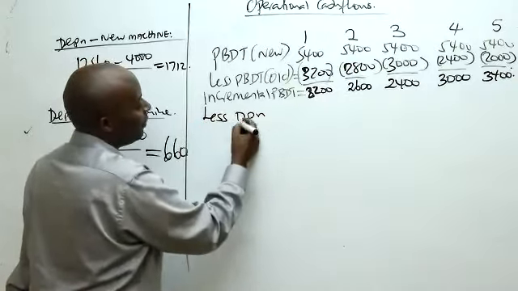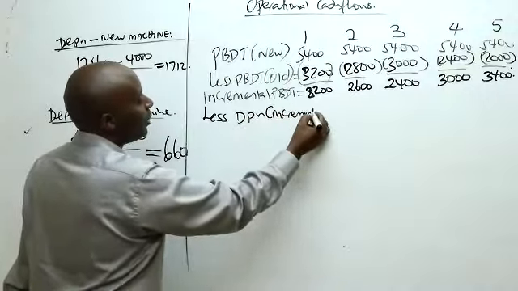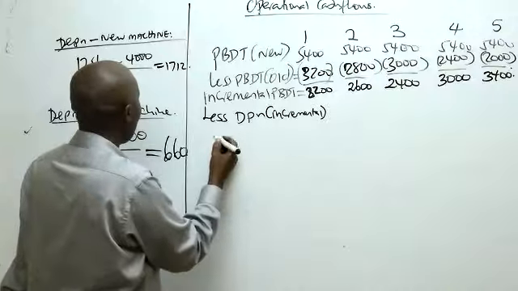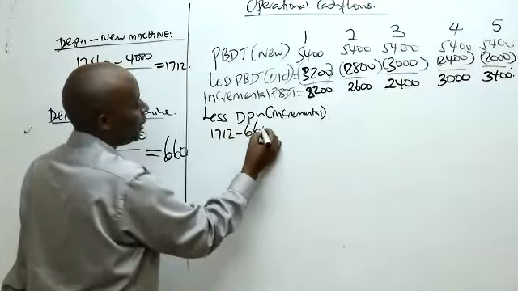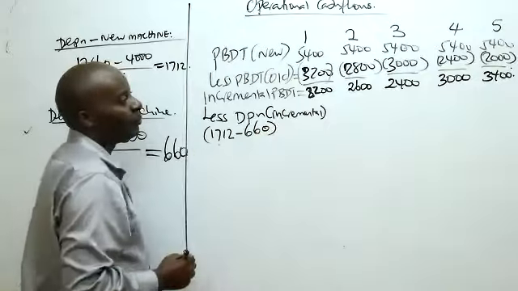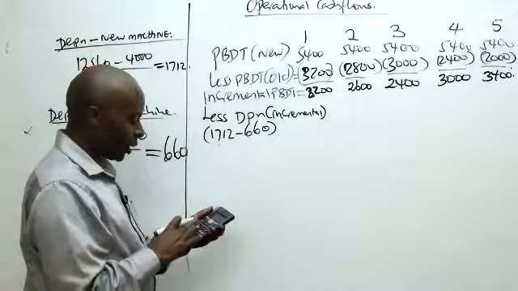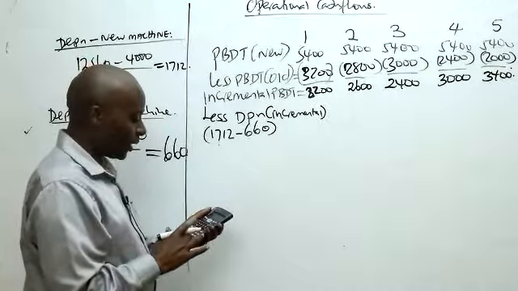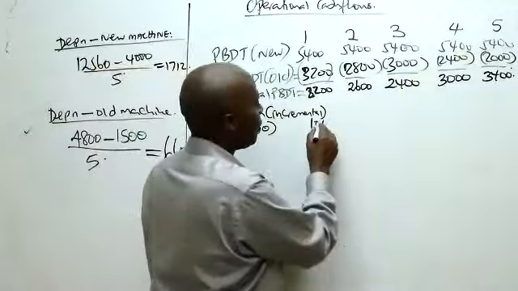And please remember, this depreciation has to be incremental. So 1712 minus 660. Remember, this is per annum, so every year. So we have 1712 minus 660, which gives me 1052. So we have 1052 throughout.